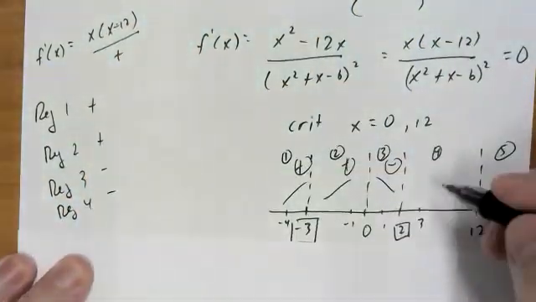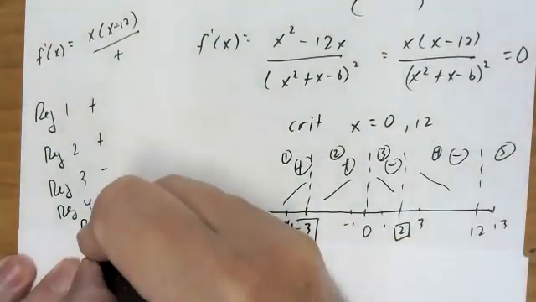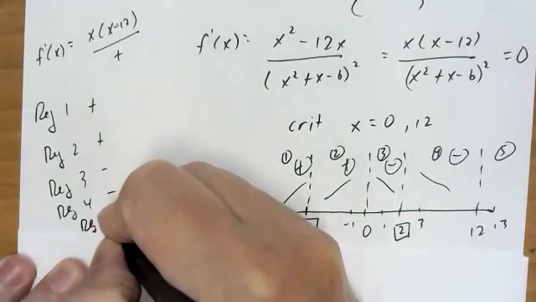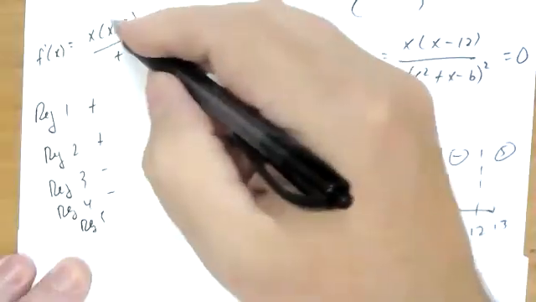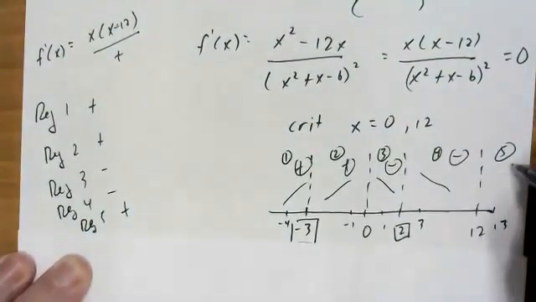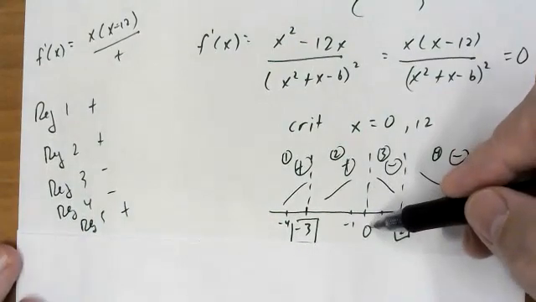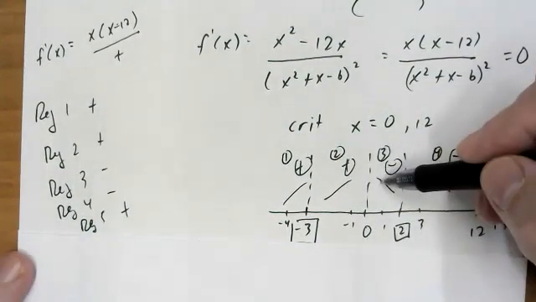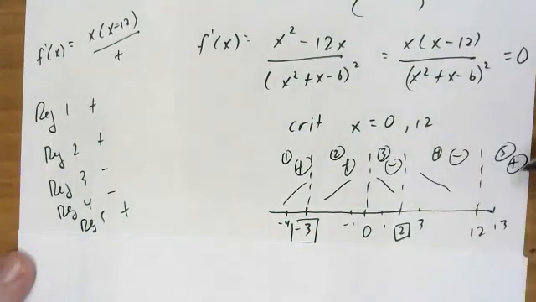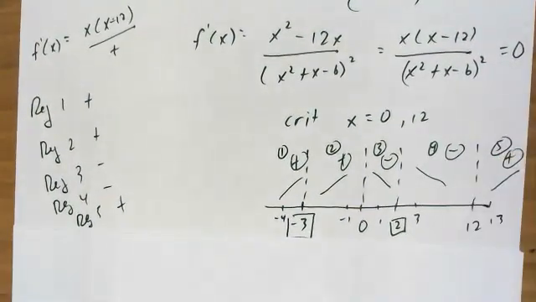Once again, region 4 is negative. And then finally, region 5, when I plug in 13, positive times a positive. So you can see here my critical points, just like at 0, I've got a maximum. And at 12, I have a minimum.